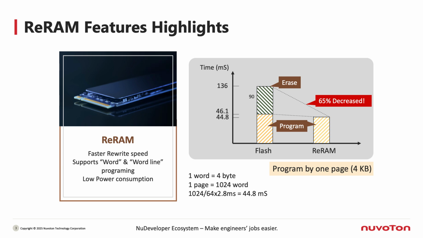As shown in the comparison chart on the upper right, when updating 4 kilobytes of data, the M467's NOR flash takes about 136 milliseconds, while the M2L31 ReRAM completes the same task in only 44.8 milliseconds. That's a 65% reduction in update time, greatly improving the efficiency of firmware or data updates.